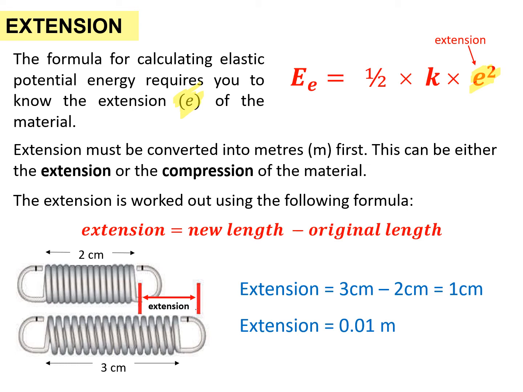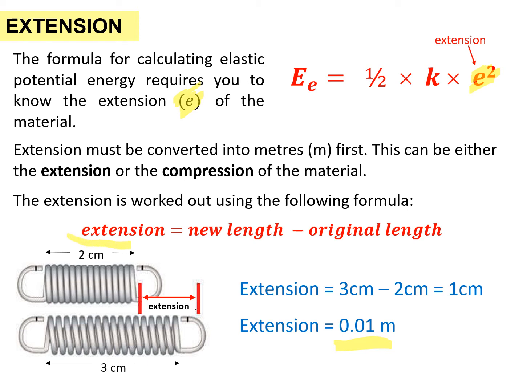I've got an example at the bottom here to explain what I mean. We've got a spring which is 2 centimeters long. It's stretched so that it is now 3 centimeters long. The extension is 1 centimeter, 3 centimeters minus 2, which equals 1. And that has to be converted to meters. So in fact, the extension is 0.01 meters.